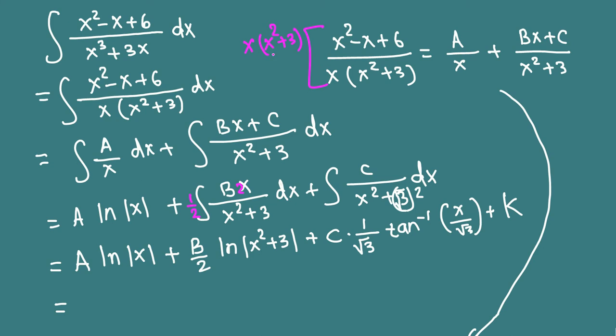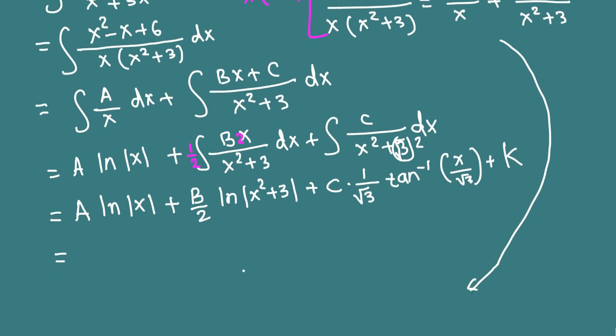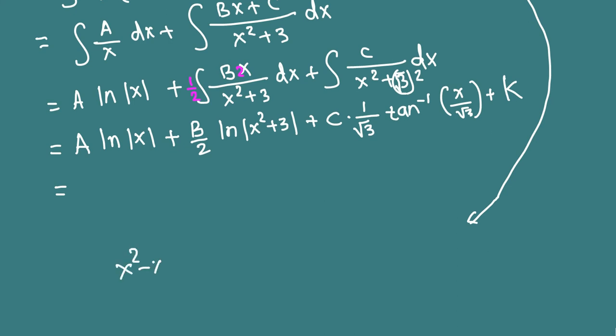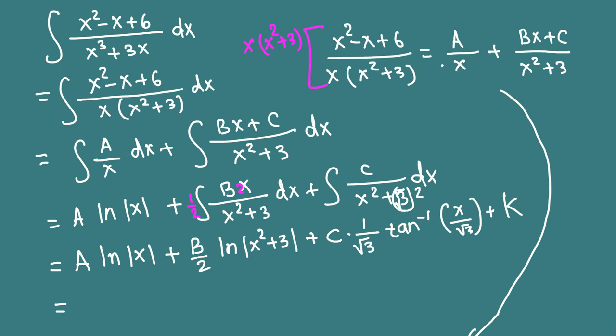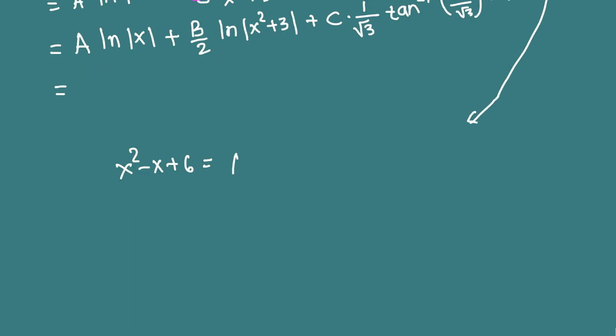Then on the left, the denominators cancel, we have x squared minus x plus 6, and on the right, x cancels, so a times (x squared plus 3), plus the x squared plus 3 cancels, so (bx plus c) times x. So we get x squared minus x plus 6 on the left and on the right a(x squared plus 3) plus (bx plus c)x.